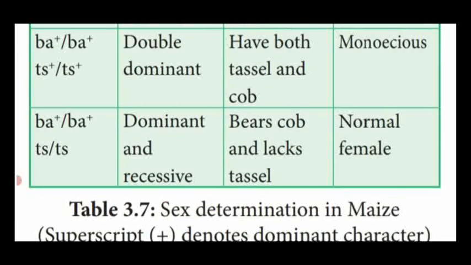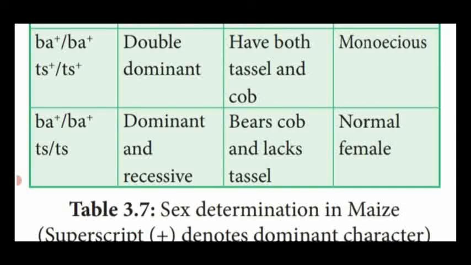Next, Ba+ and ts ts. So male plant is dominant, and female is recessive, they have given. So it bears cob and lacks tassel. Only the female inflorescence is there, the male inflorescence is absent. Because Ba is dominant, so it must be a normal female plant.